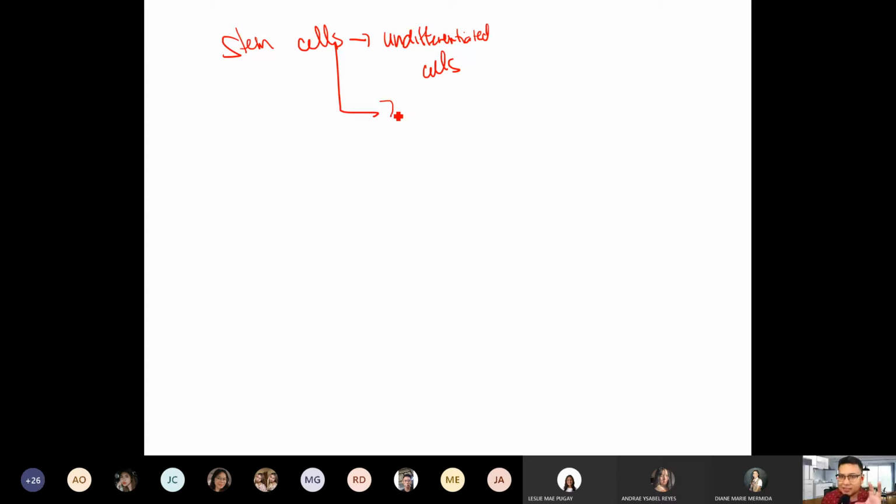Since stem cells, katulad ng sinabi ko, these are undifferentiated cells, particularly from very, very, very young humans. One key source of stem cells is either the placenta of the baby itself, and your umbilical cord.